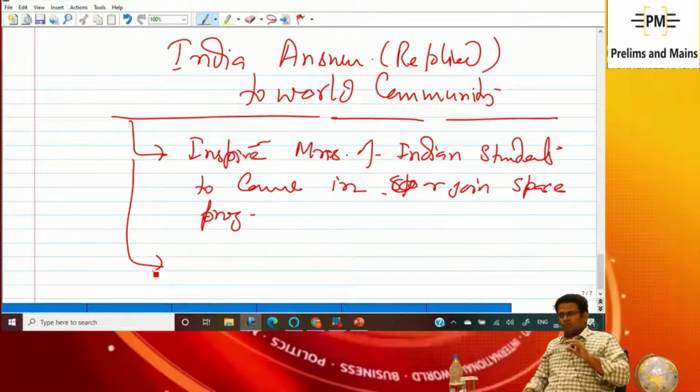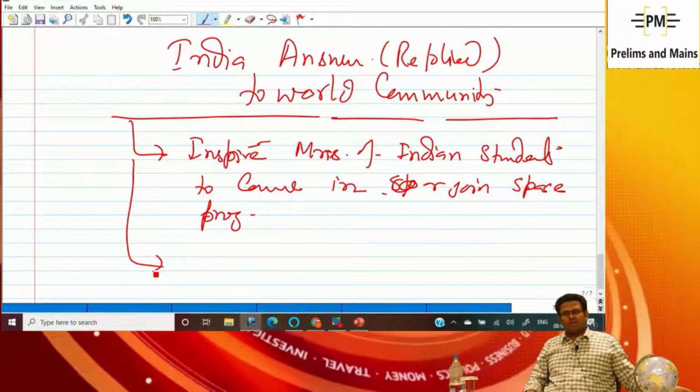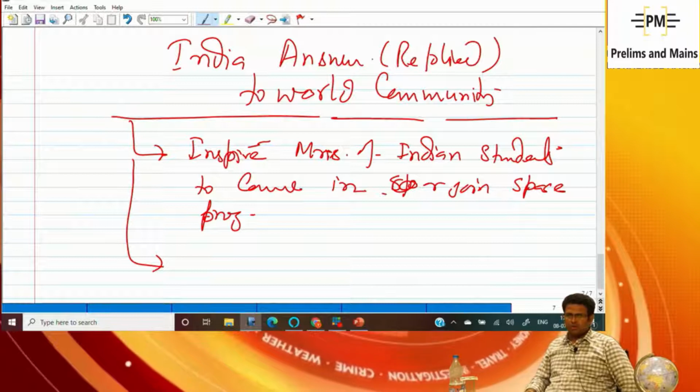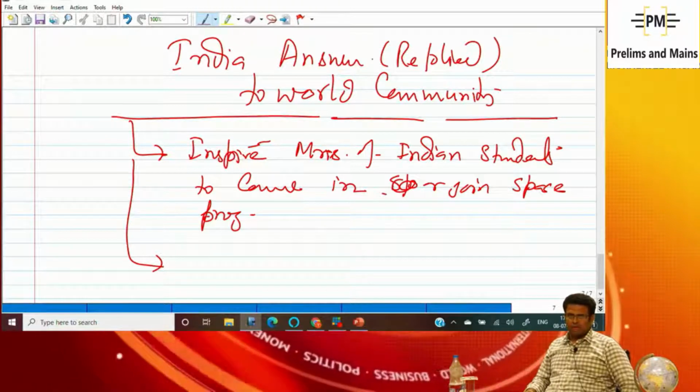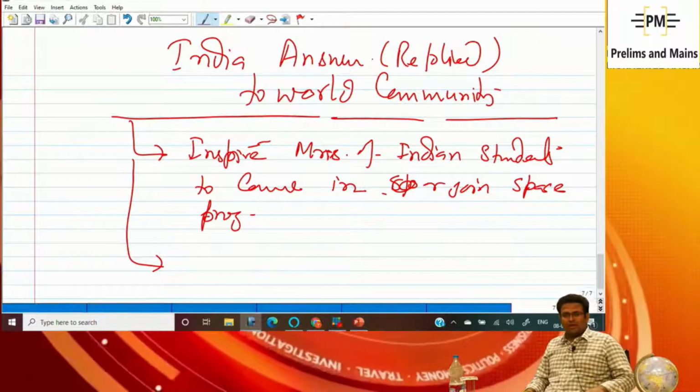Yes or not? So they can serve India instead of serving others. NASA will never do anything like this. ISRO is not doing like this, because it knows that if it does, in the future all Indians can come.